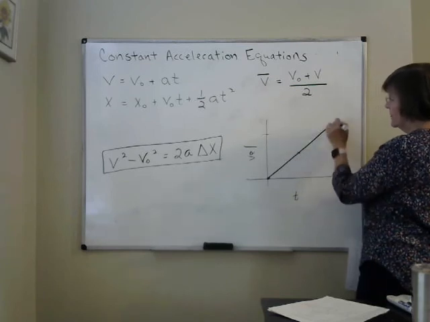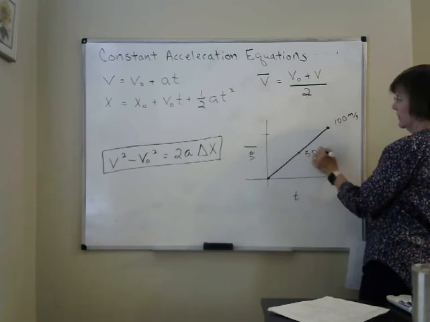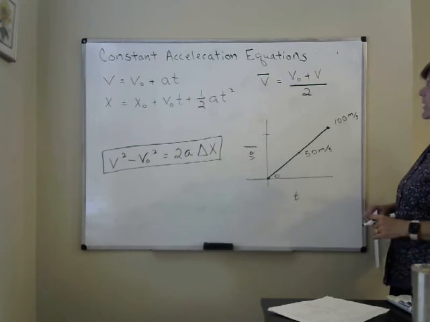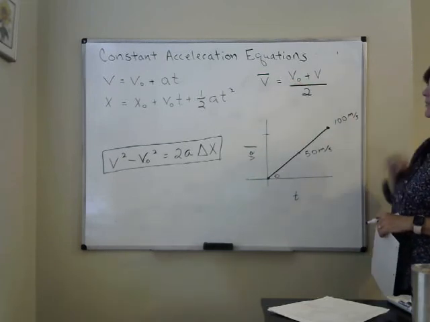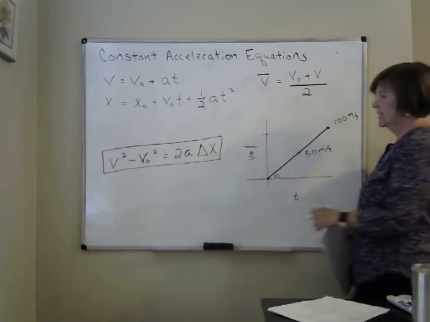If this is 100 meters per second, the average will be 50. So if you have constant acceleration and you know your beginning velocity and your final velocity, you can find the average. You just average them like you average any 2 numbers.